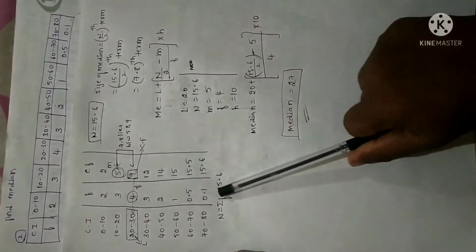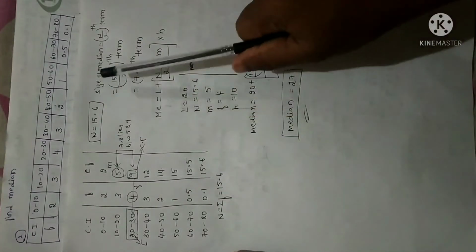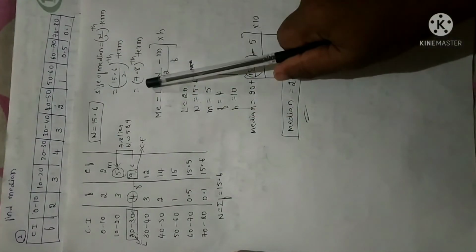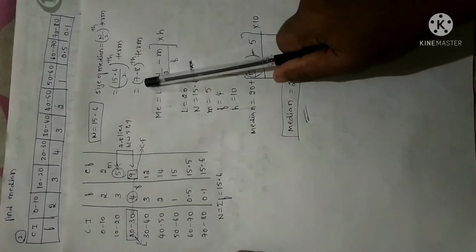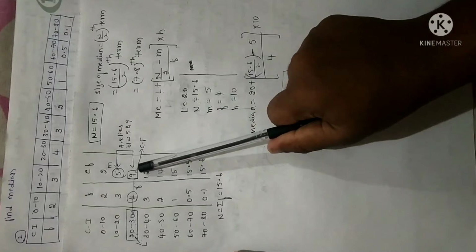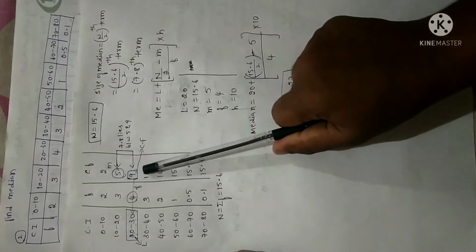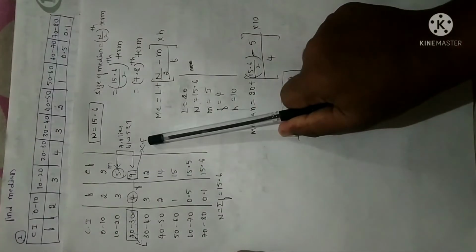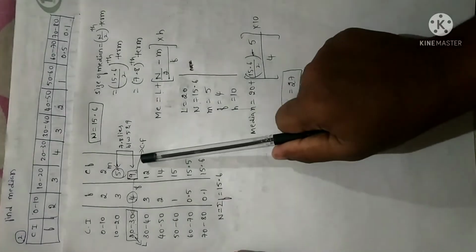Next add all the frequency values, you will get the N value. Next calculate the size of the median. So you will get the 7.8th term. You have to look in the CF column, since 7.8 will be between 5 and 9. Among those two values you have to choose the highest value, that will be the cumulative frequency for this particular problem.